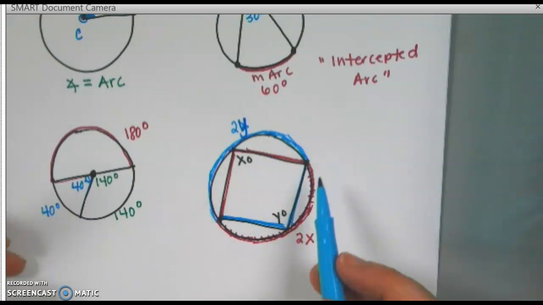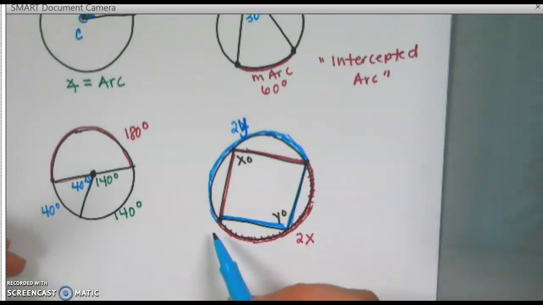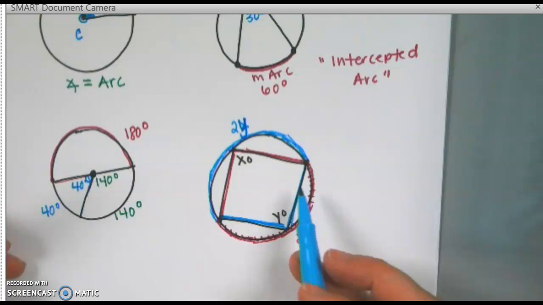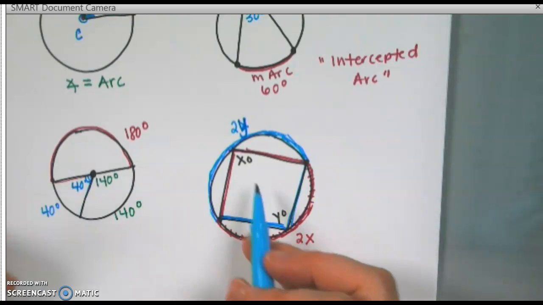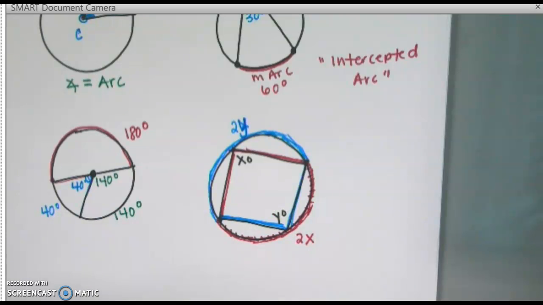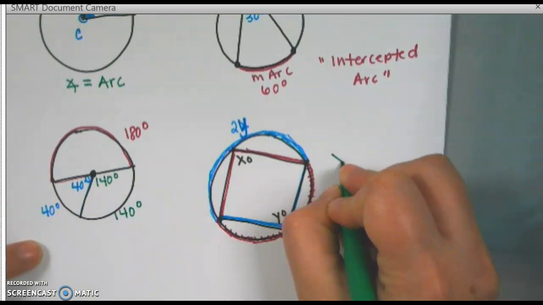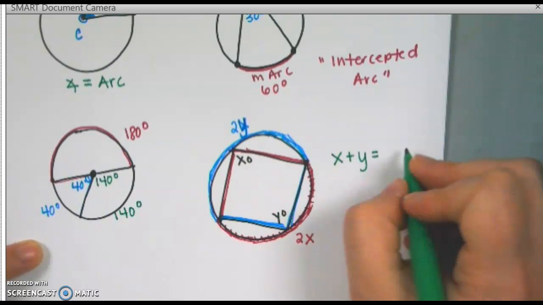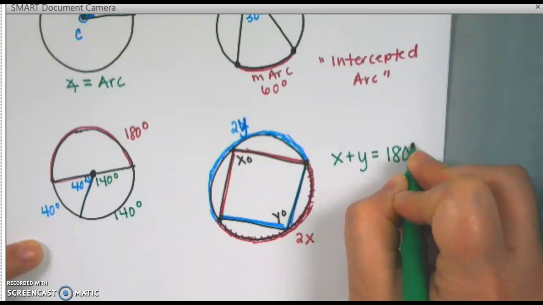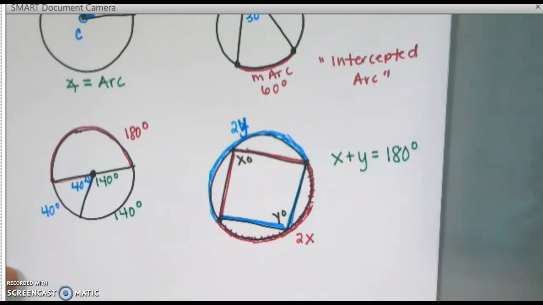A circle is 360 degrees. So if the arcs put together are 360 degrees, the angles are half as big. So what that means for us is that those two angles have to add up to 180 degrees, because the arcs would add up to 360 and those angles are half the size. So the angles have to add up to 180.